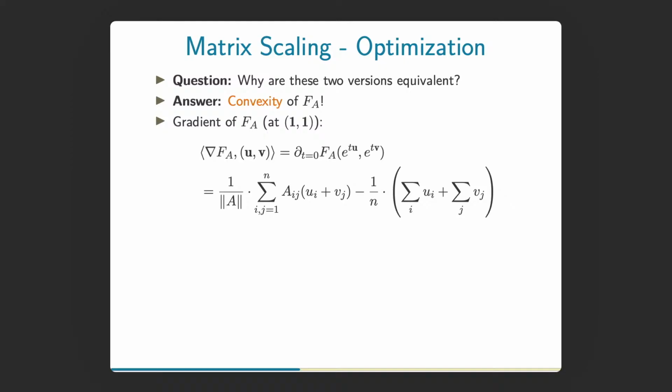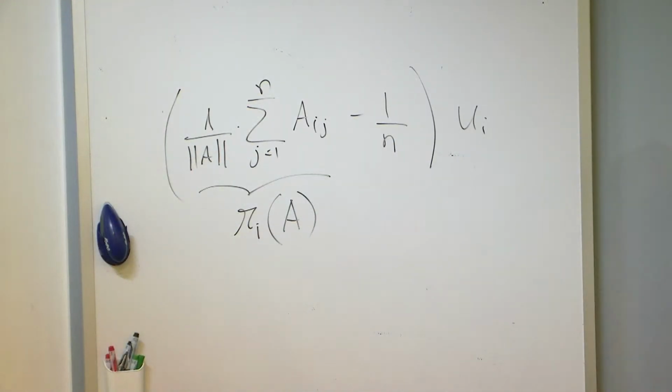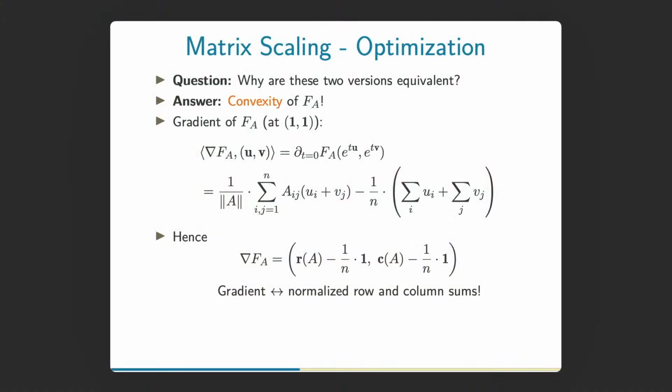But what is this? This is exactly the norm of my ith row. And if I do the same thing for the columns, I will also get that my gradient is exactly the vector of my marginals minus the uniform marginal.